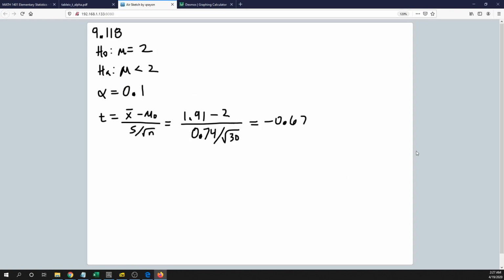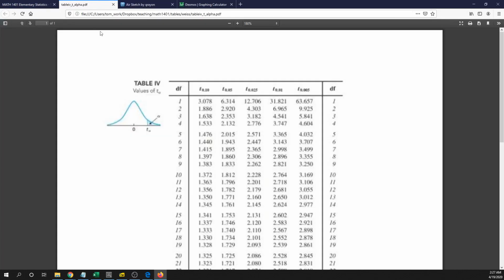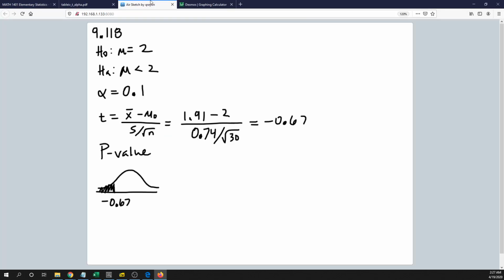Next up we are going to calculate the p-value. This is a left tail test, so we are looking for the area to the left of minus 0.67. Our table, table 4, only gives the area to the right, but we know that this t distribution is symmetric.